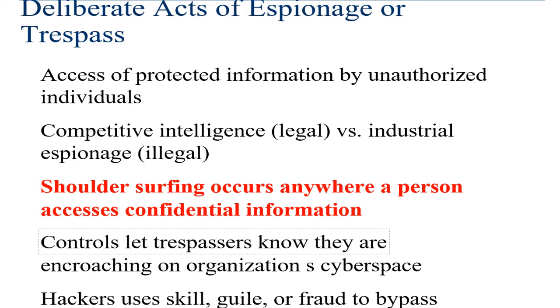Controls let the trespasser know they are encroaching on an organization's cyberspace. And hackers use skill, guile, or fraud to bypass critical systems within an organization.